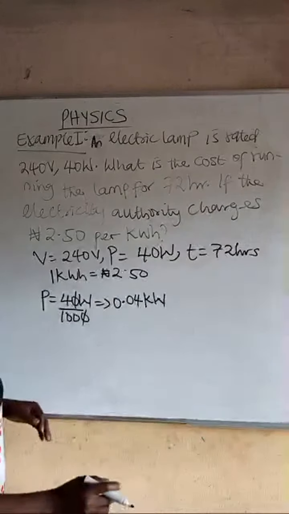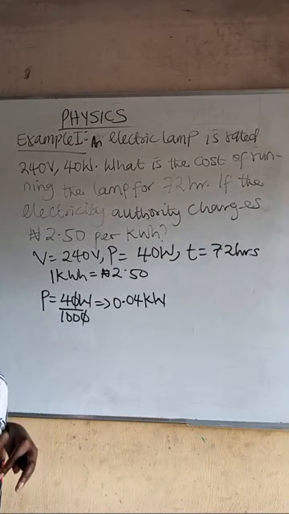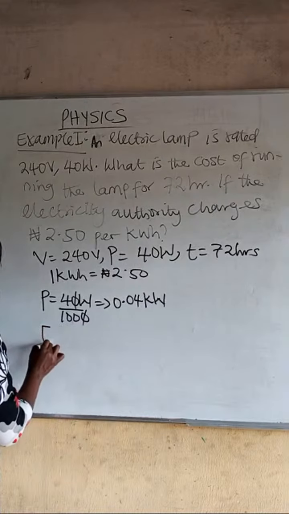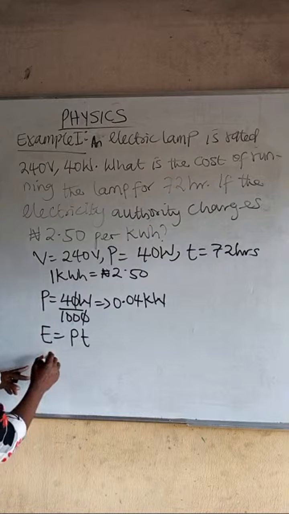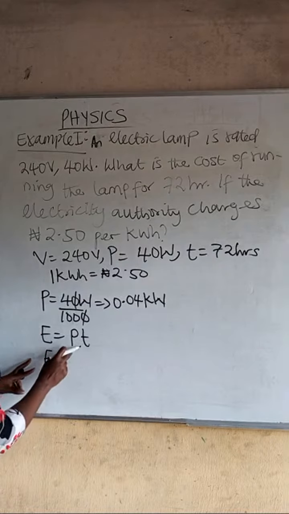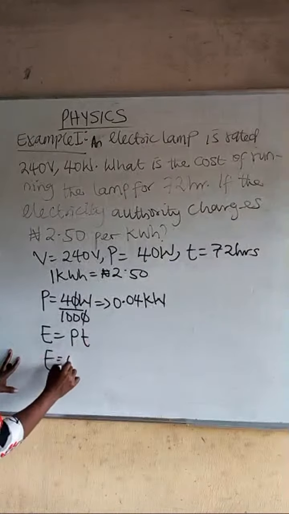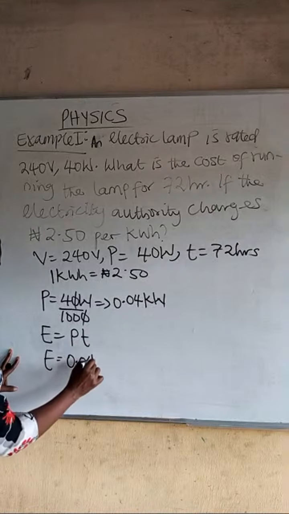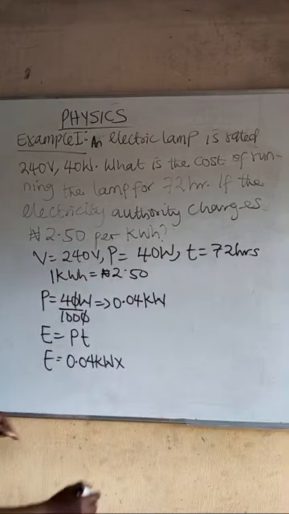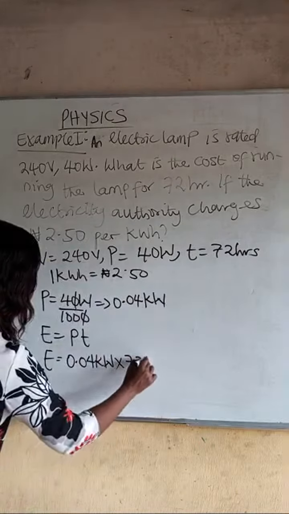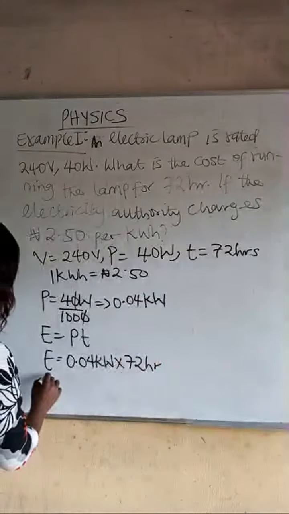Don't forget the electrical energy is power times time. So E, which is energy, is P times T. My P is 0.04 kilowatts and time is 72 hours.